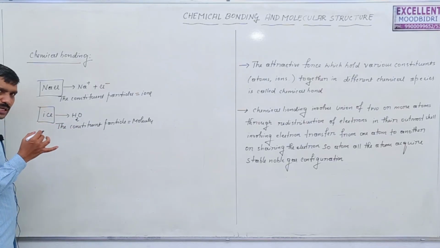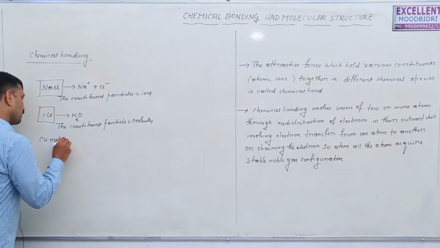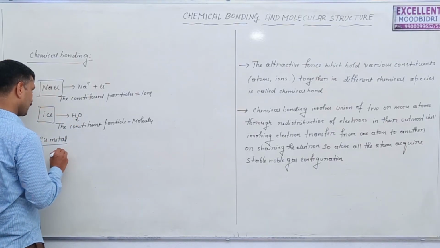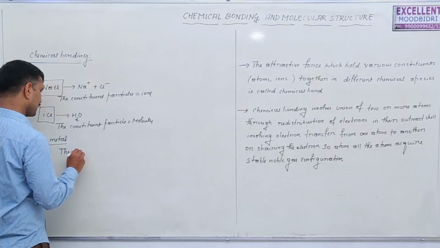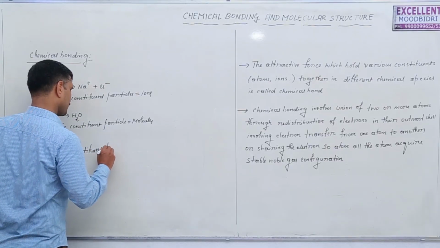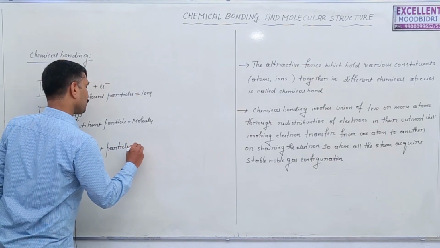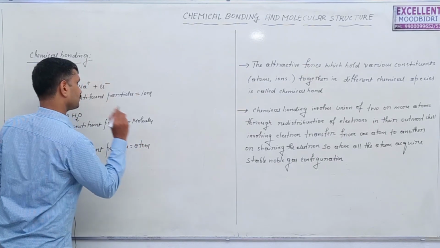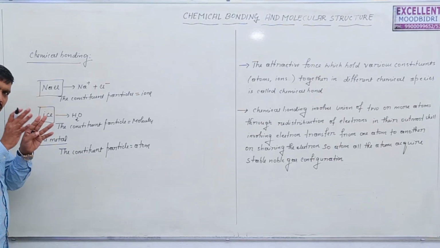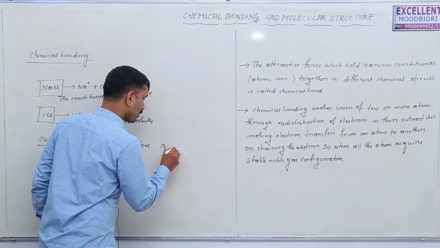If you go for one more example, if you take a copper metal or a copper piece, what is the constituent particle? The constituent particle is atoms, because copper metal consists of a large number of copper atoms.